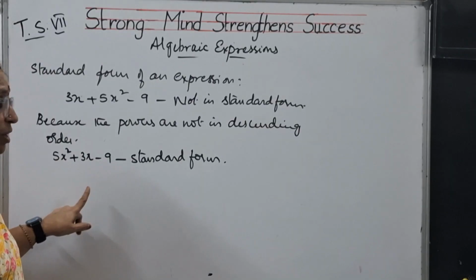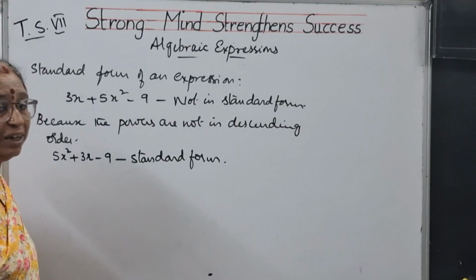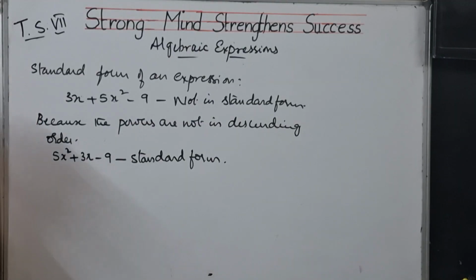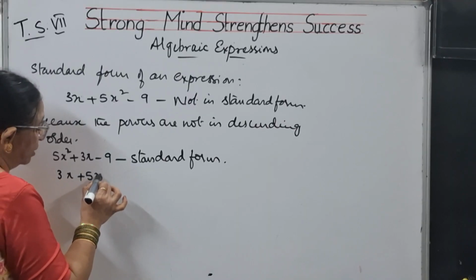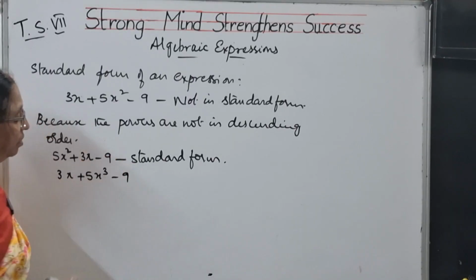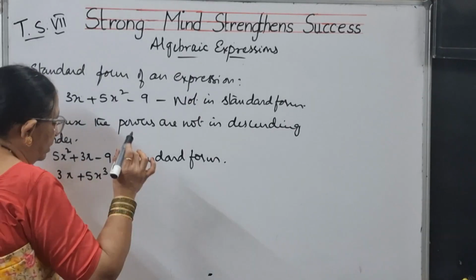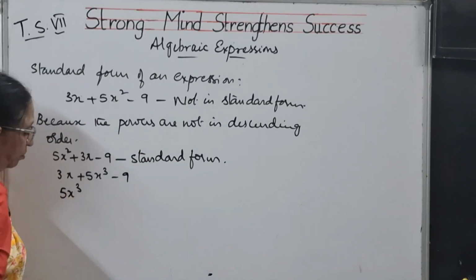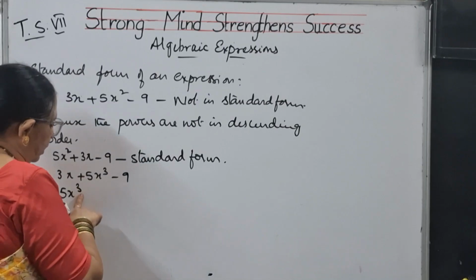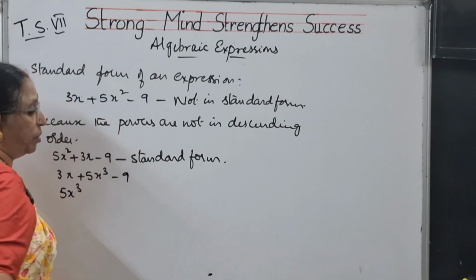Next, the next power. Suppose you have got 3x plus 5x cube minus 9. So in this the highest power is x cube. So I have written 5x cube. Actually after x cube, power 3, I should get power 2.